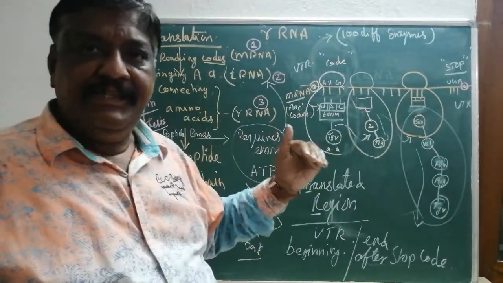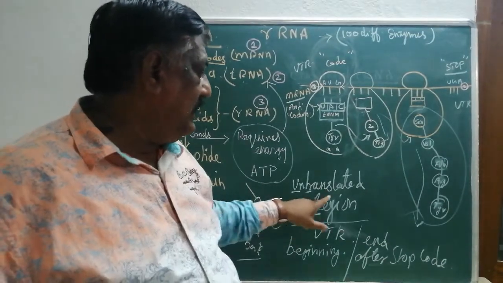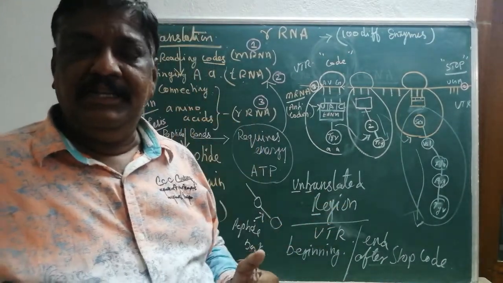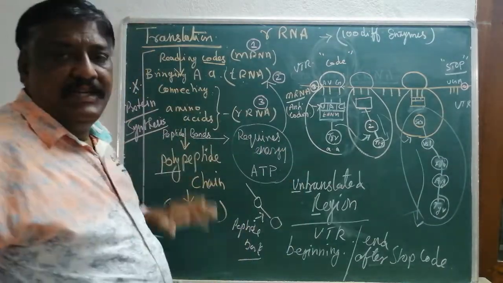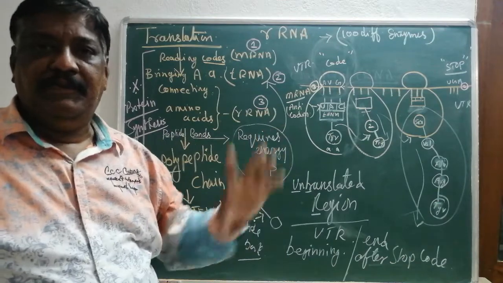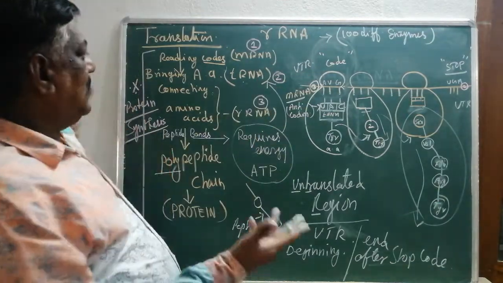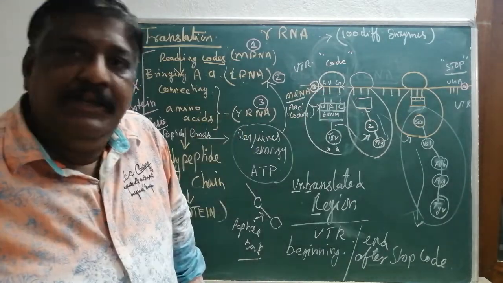So beautifully it is designed. So they say these UTRs, untranslated regions, are very, very essential for efficient translation. So translation is 200% perfect because of this UTR. So this is translation, formation of the polypeptide chain.